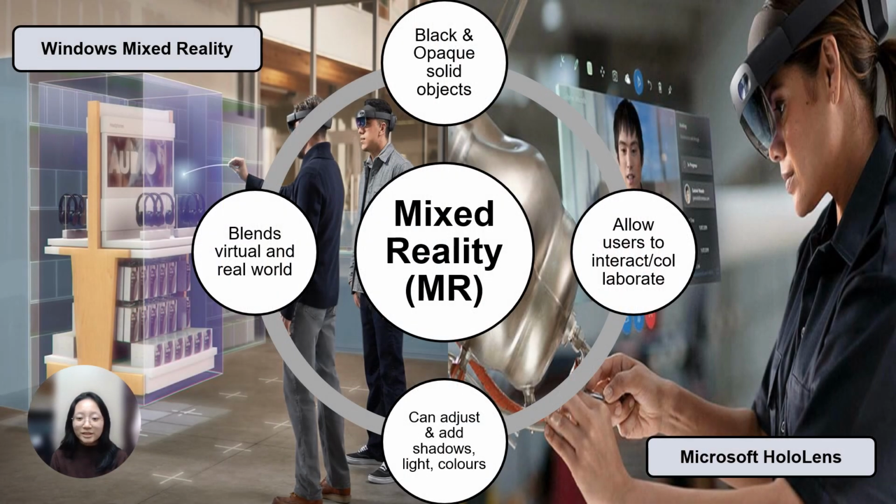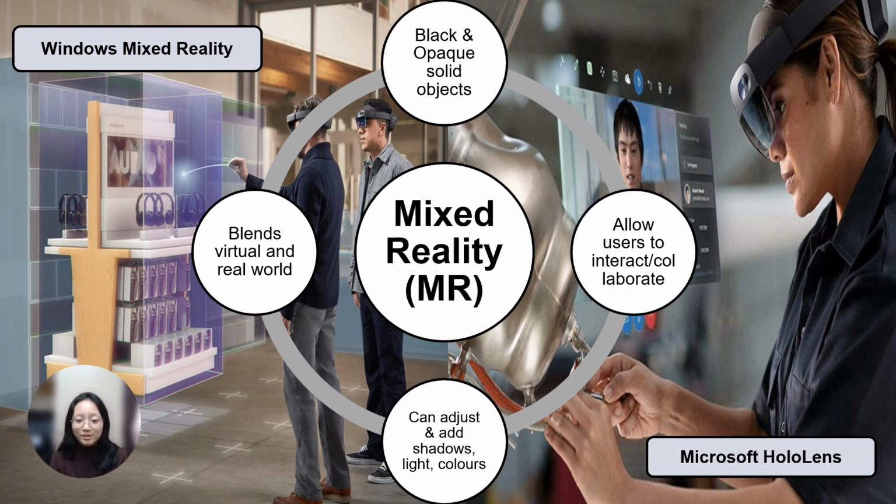Now I'm going to introduce mixed reality, which combines real and virtual worlds. Some of its characteristics include: 1. It produces black and opaque solid objects. 2. It enhances collaboration by allowing users in different locations to interact with the same mixed environment. 3.